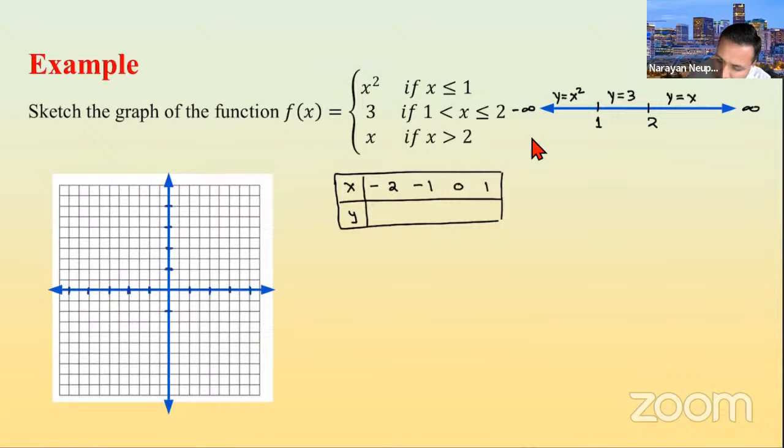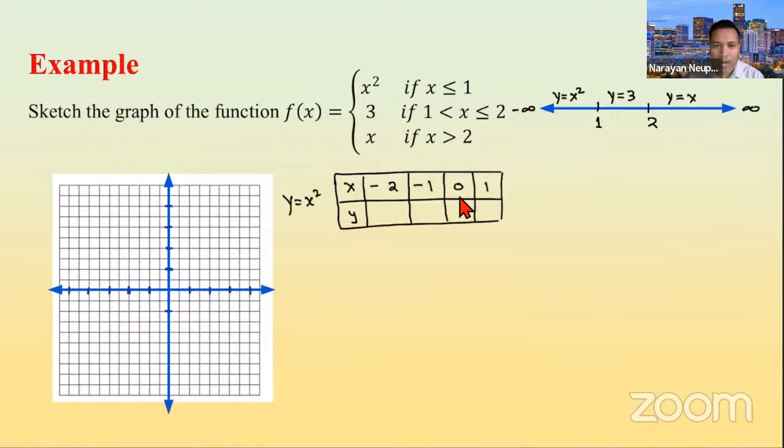This is for the first piece, which is y equal to x squared, because that is defined for x less than 1.